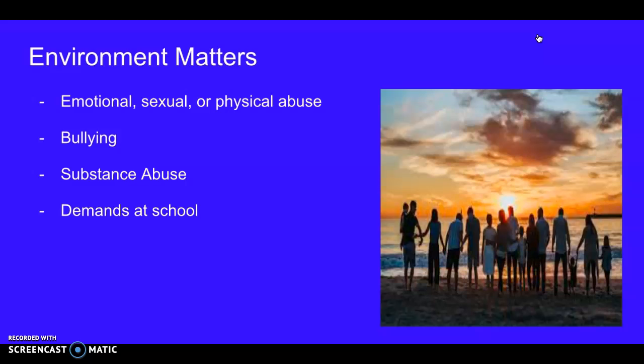If you have the proper coping strategies, have the proper support around you, you're far less likely to develop a mental health issue. But if you do develop one, then you're far more likely to be able to cope with it and get past it, get over it, and recover from it.